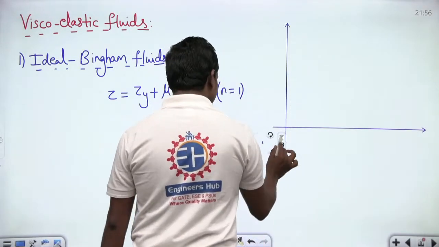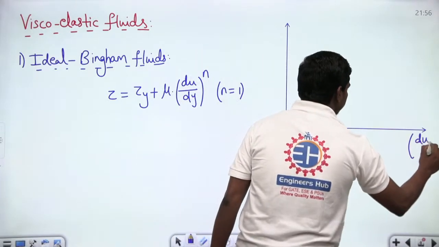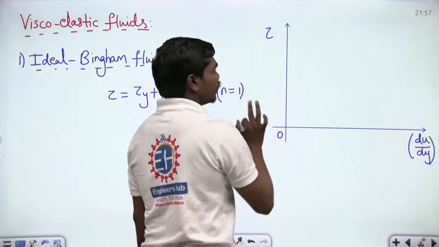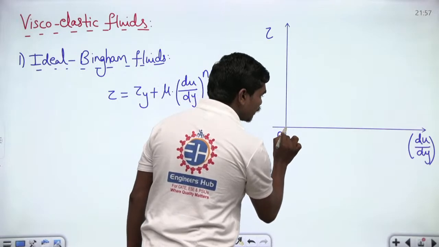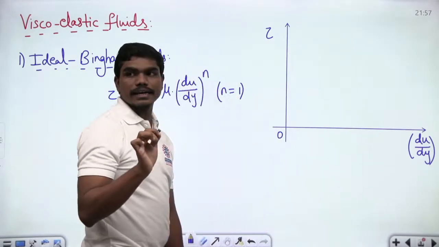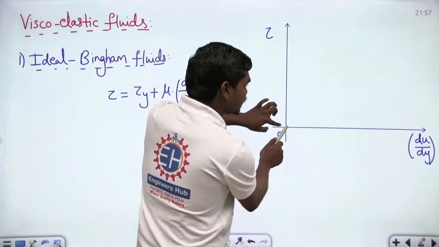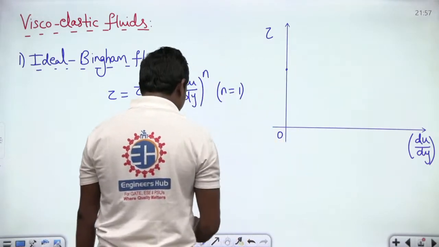If this is 0, with du by dy on one axis and tau on the other, normal fluids start their deformation from infinitesimally small shear stress, that is, from this particular point. But viscoelastic fluids need a certain yield stress, so rather than starting deformation at this point, the fluid deforms from some point here.